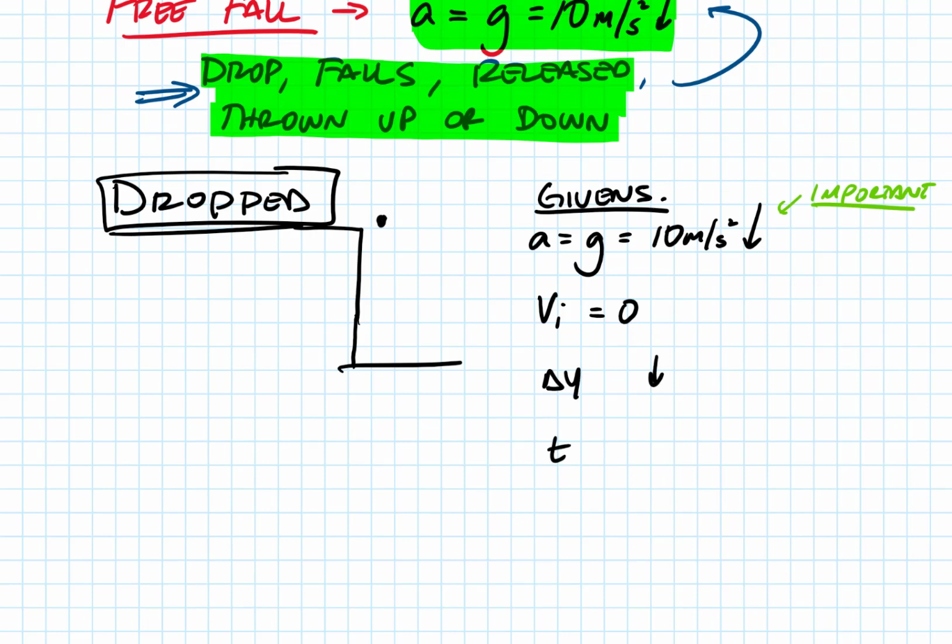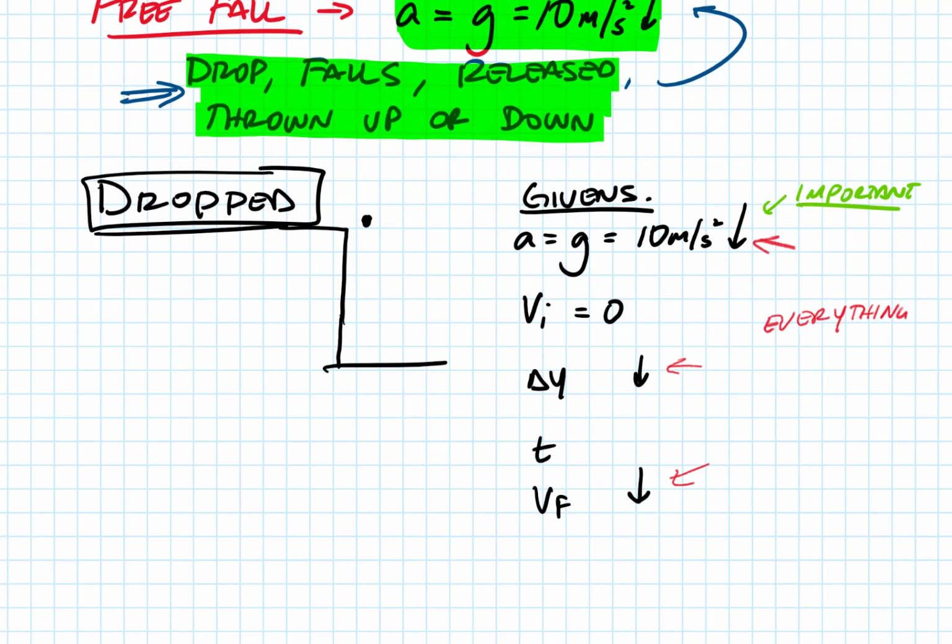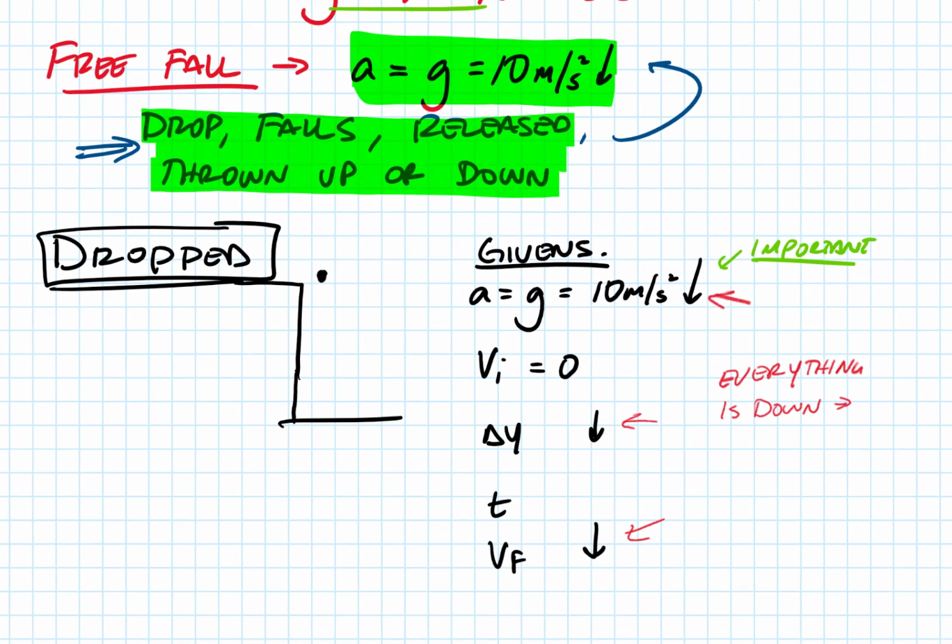Time doesn't have a direction, and my final velocity is going to be in the downward direction. Mathematically, in this case, everything is down, and we have no opposites as far as direction is concerned.